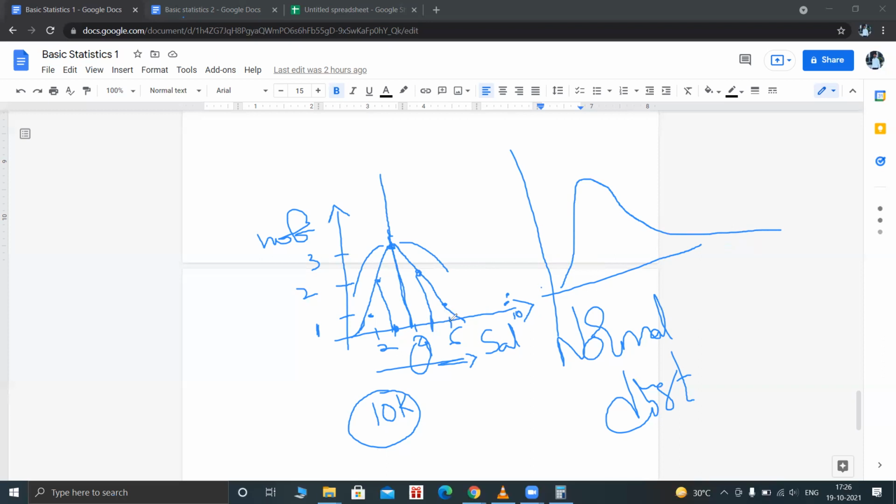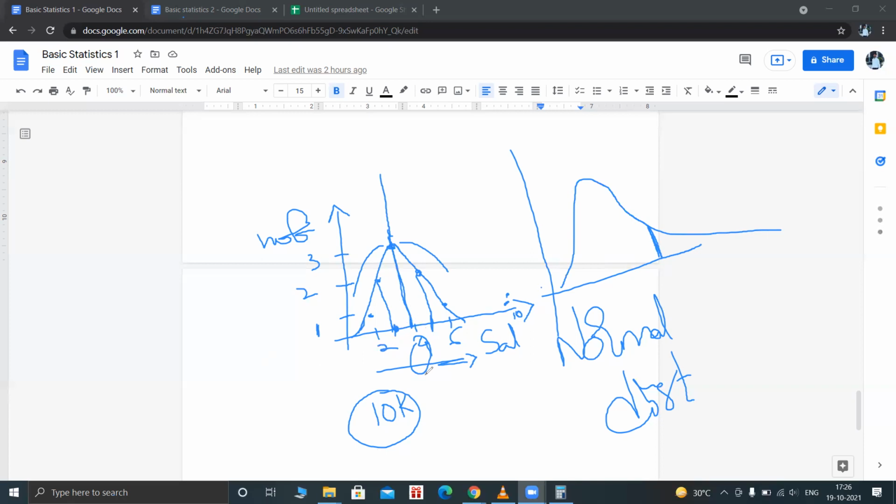Somewhere around here. So the mean is here. And guys, what is the median in this case? Quickly, in this case, what was the median? Is it 4 in this case?